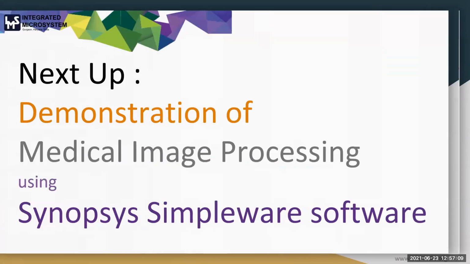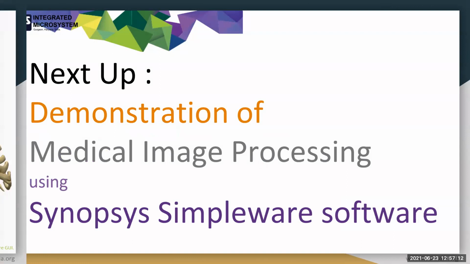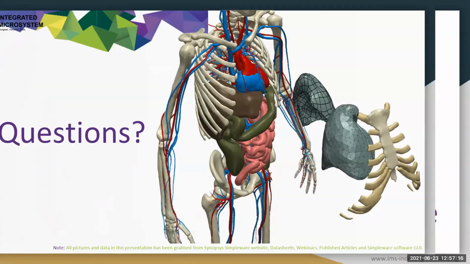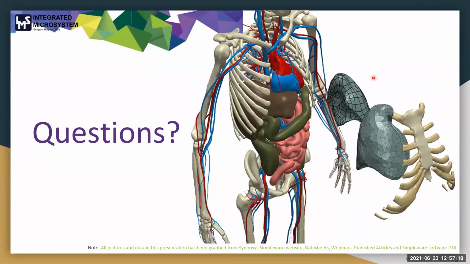Now I would like to take questions if someone has something. For the case study that you have shown right now, can you show how we can import this into some FEA software? Okay, the model that I have demonstrated, or the one I presented in the presentation?